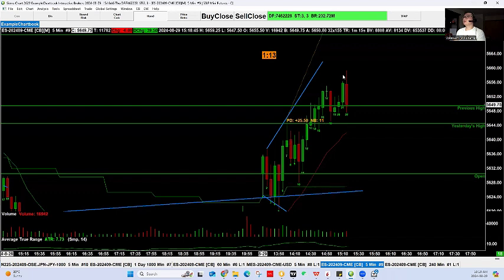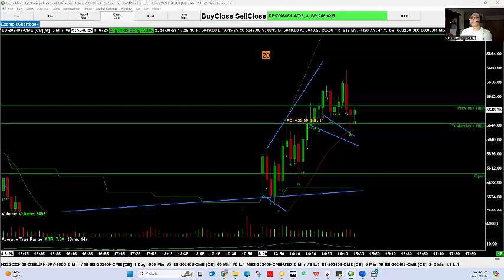Also, it's in a channel. It's 1, 2, 3, 4. Fourth time to go down. It can be a wedge entry if this bar closes at its high.